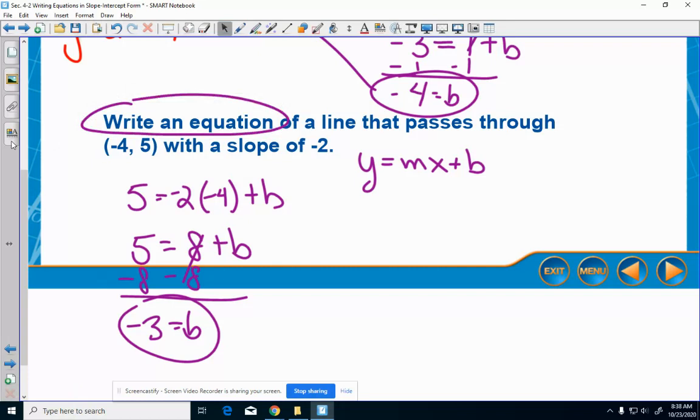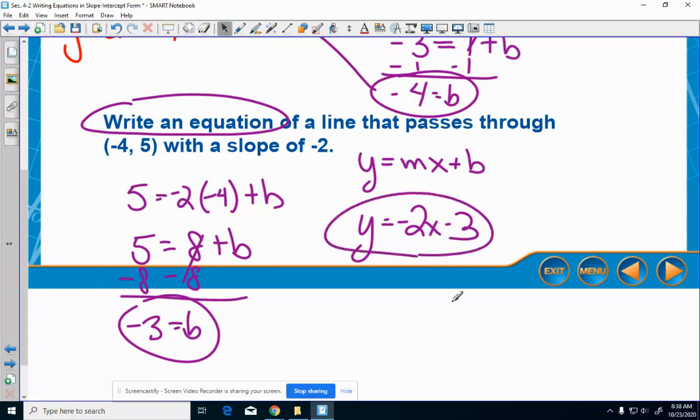So if you have -3 as a y-intercept, that's great, but your equation is what? It is, very good, y equals -2x minus 3. Okay? So if I give you an ordered pair and the slope, then you can find the equation of your line by following that path.